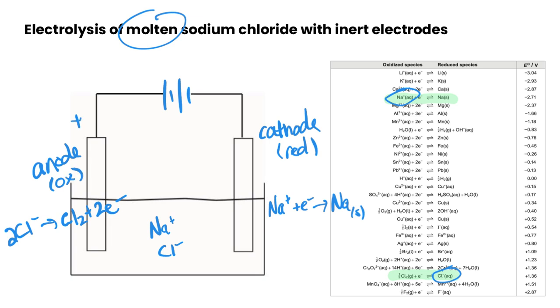Okay, and we would have a positive charge here and a negative charge here. This is a really nice process because it allows us to take a molten solution of sodium chloride and basically get its elements out of it. This is a way that we can refine different materials to get the source elements back out of it.